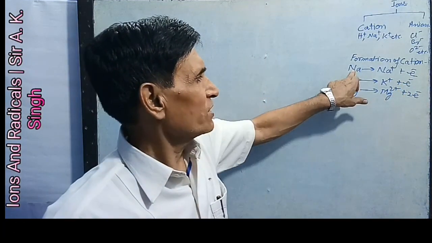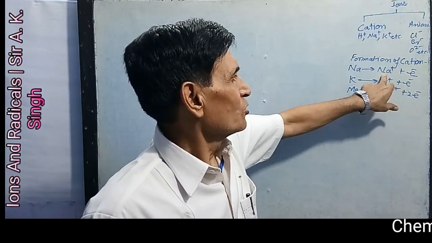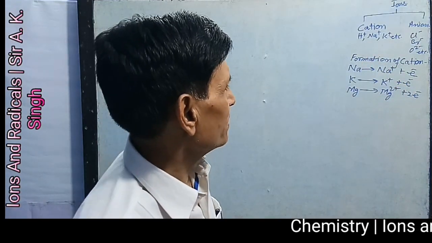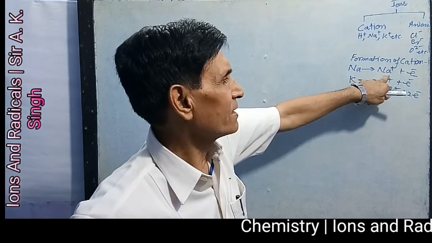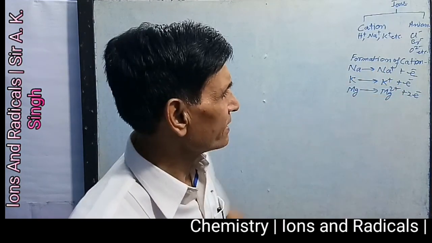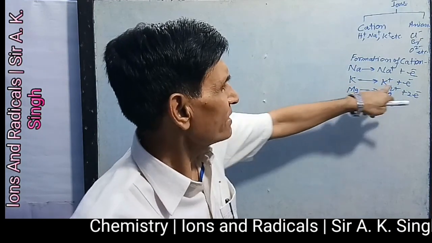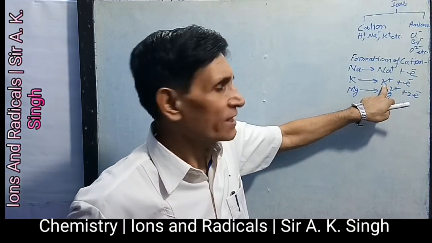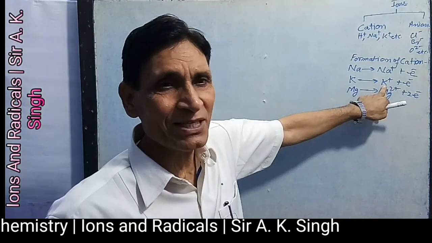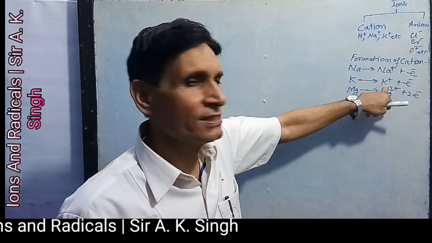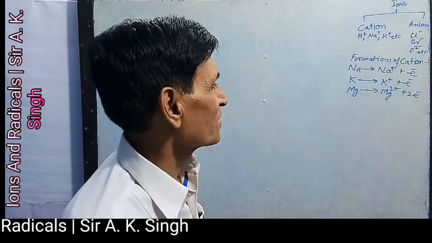Now sodium loses 1 electron to acquire a stable electronic configuration like its nearest noble gas, and this is the sodium ion. Potassium loses 1 electron to acquire a stable electronic configuration like its nearest noble gas, this is K plus, like that.